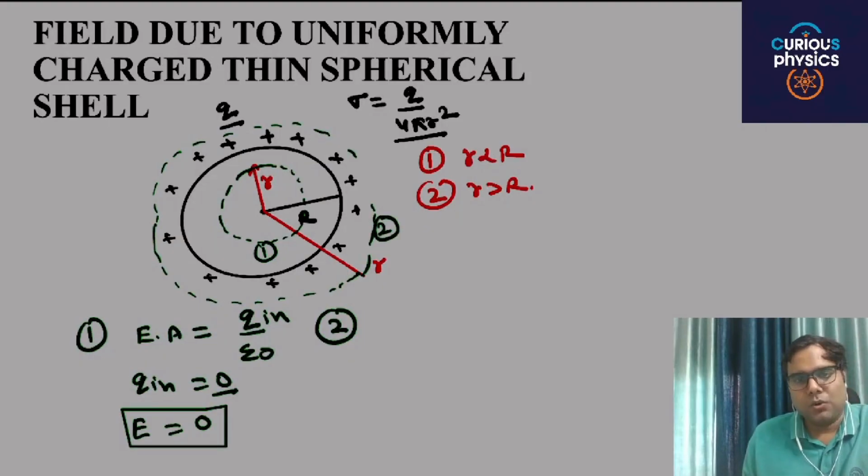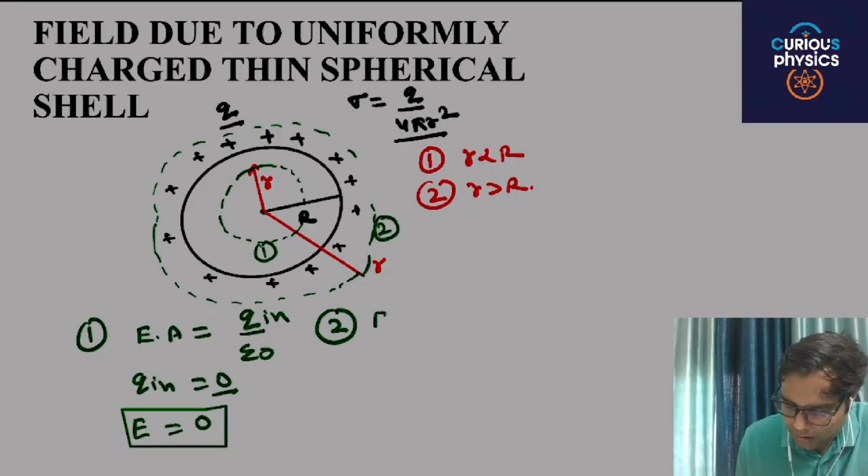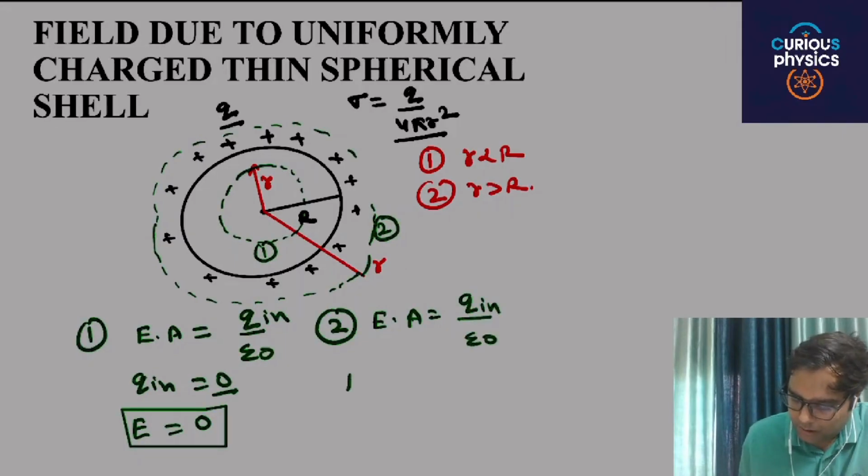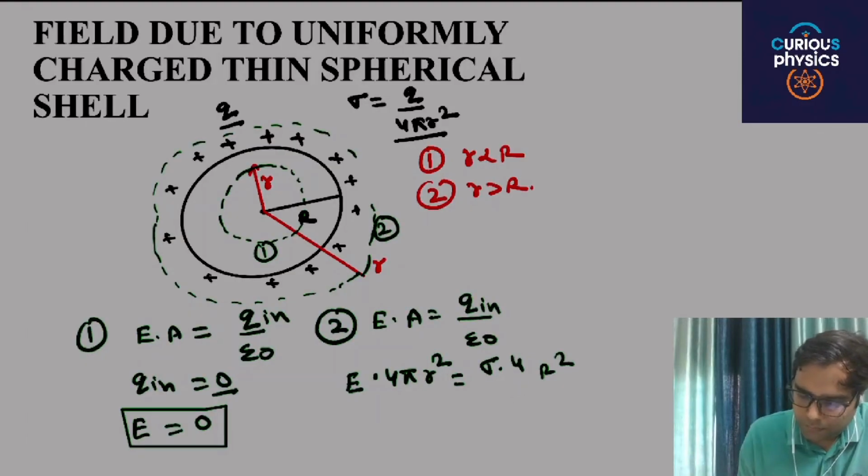For the second case, for the Gaussian surface of radius r, E into A is equal to Q in divided by epsilon naught. Here A is the area 4 pi r square and Q in is equal to sigma into 4 pi R square divided by epsilon naught.